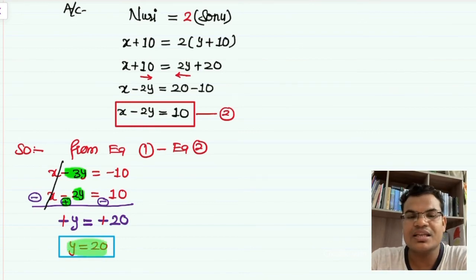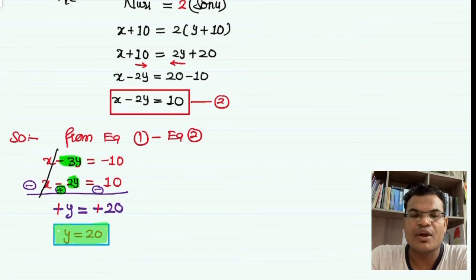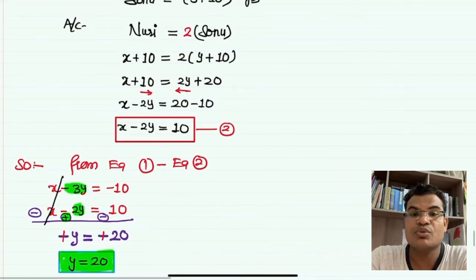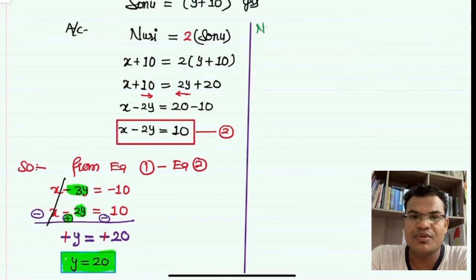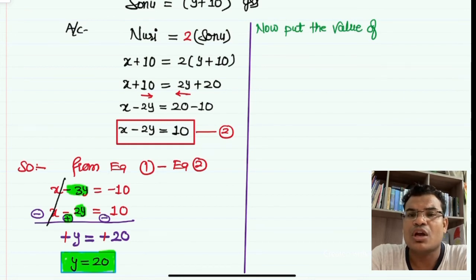The second thing is how you will find out the age of Nuri. So we have to put the value of y equals 20 in equation 1 or 2. You can put it in either one; it depends on you in which equation you put the value. So now put y equals 20 in an equation.